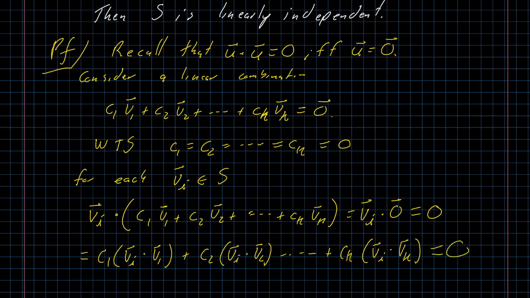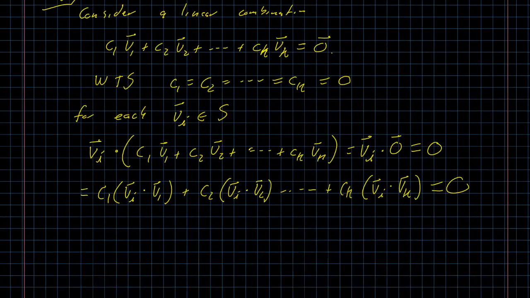And from what I said before, this has to still be equal to 0. But the set of Vi's, the set of all of these vectors, is an orthogonal set. So when you dot Vi with V1, you get 0. When you dot Vi with V2, you get 0.